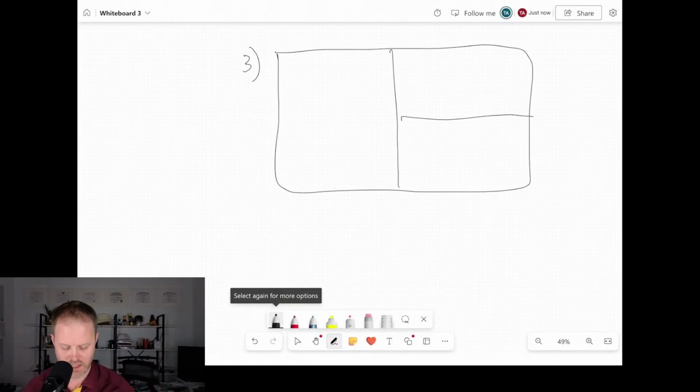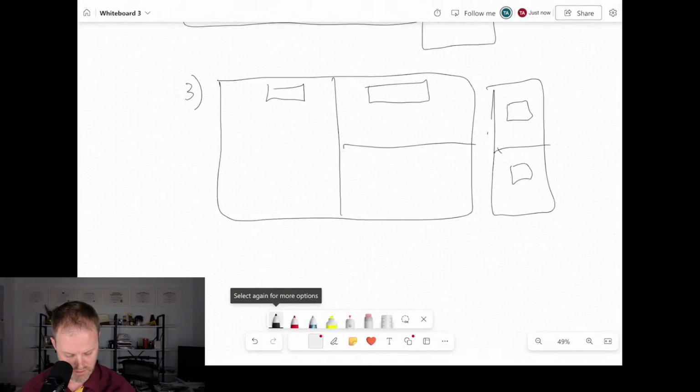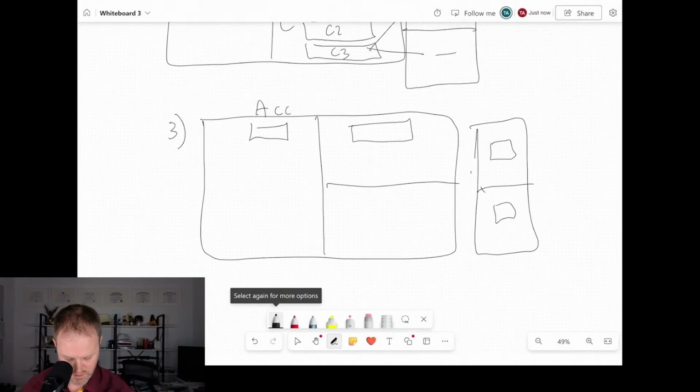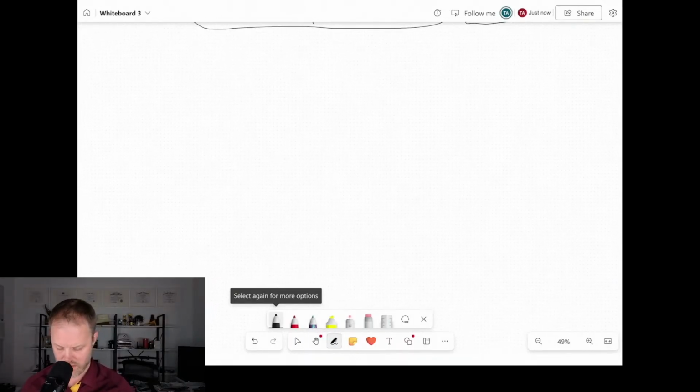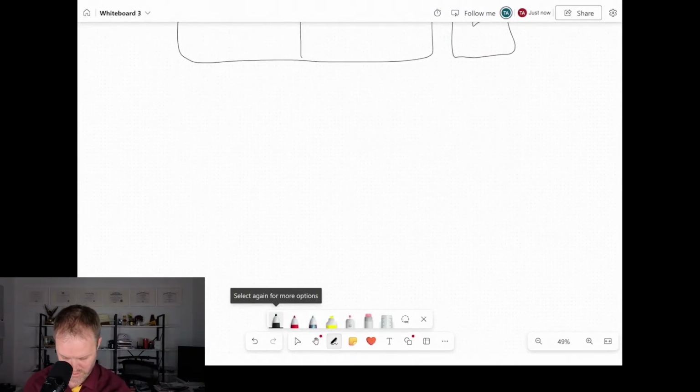So the idea that there's boxes. So the idea of accounts. Then, I'm looking at my notes of doing this, workshopping this recently.